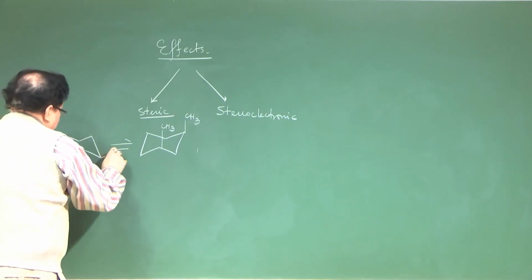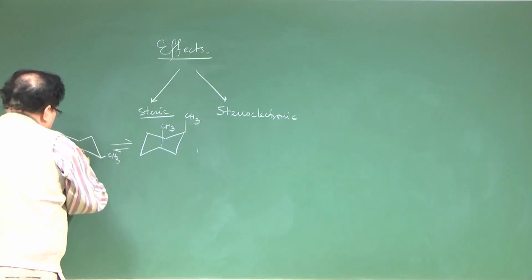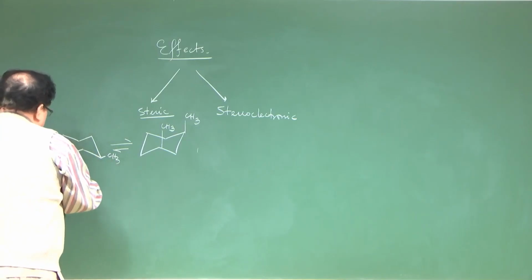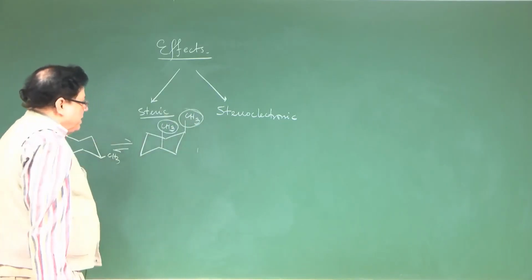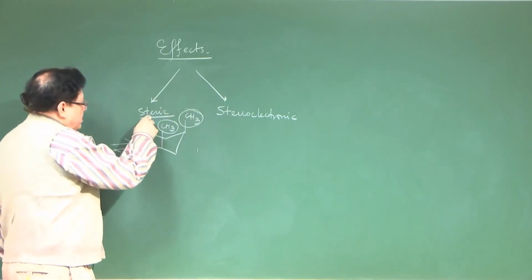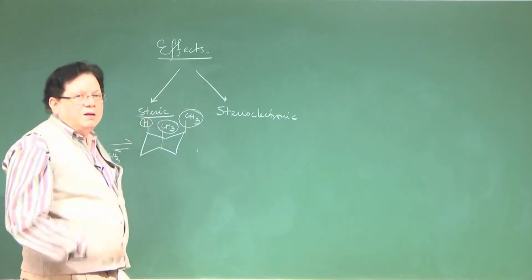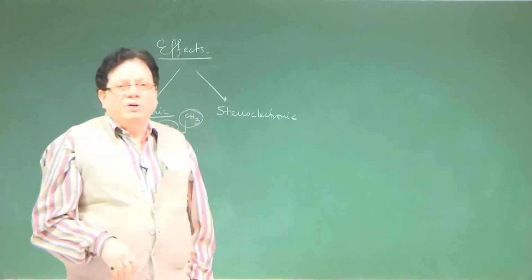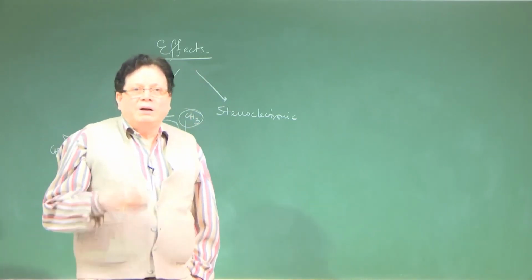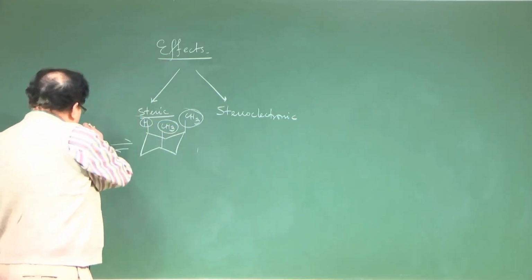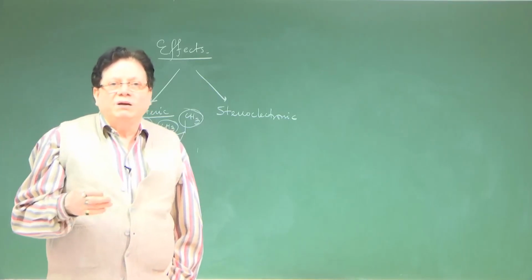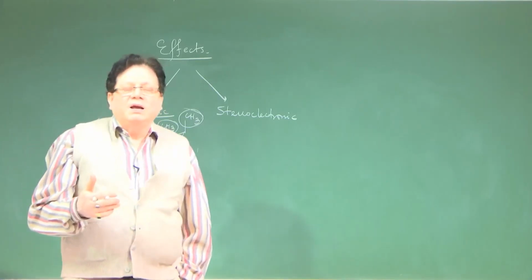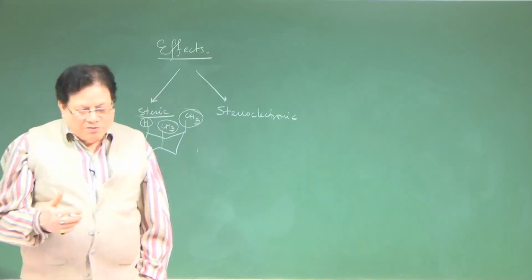Here the two methyl groups become equatorial. Because of steric effect between these two methyls as well as the steric effect with the axial hydrogen, the molecule adopts the preferred diequatorial conformation. So, this is a classic example of how steric effect operates and dictates the conformation of a molecule.